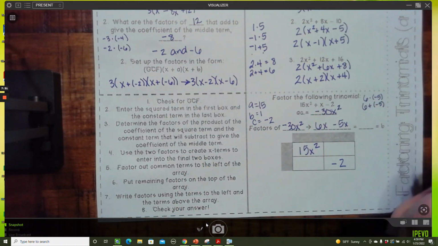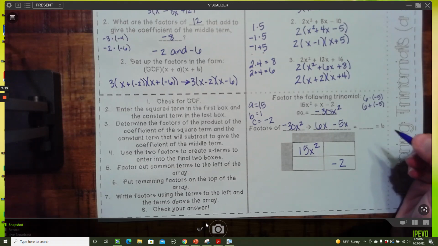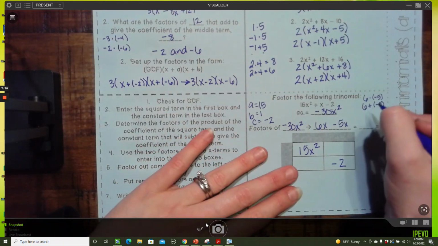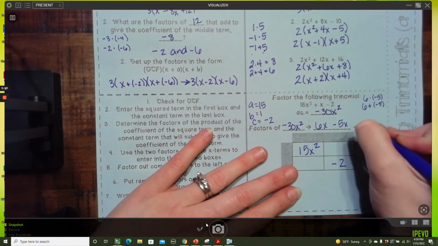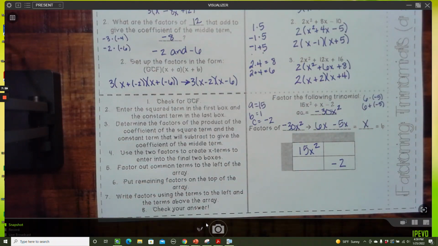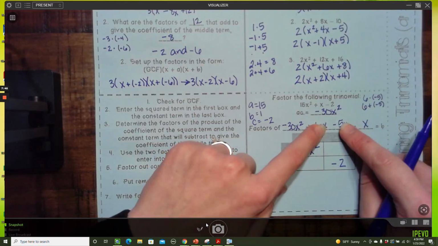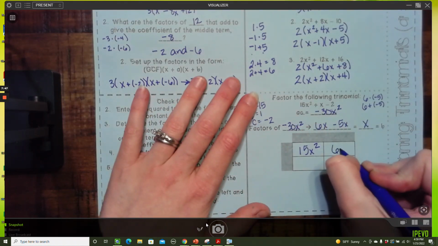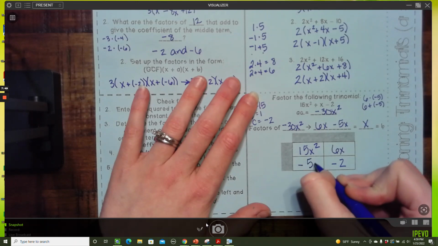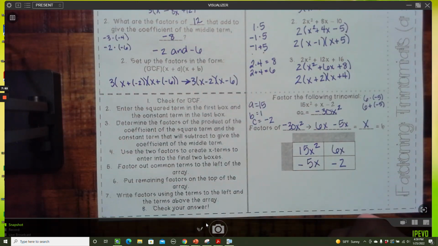This is also called the slip and slide method, which we'll talk about later as well. And so 6x minus 5x equals x, which is my b value. So I know that I have these factors, 6x and negative 5x. So I can plug these in my boxes here, and I can work backwards.